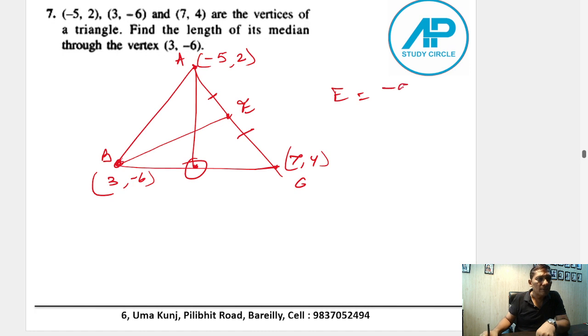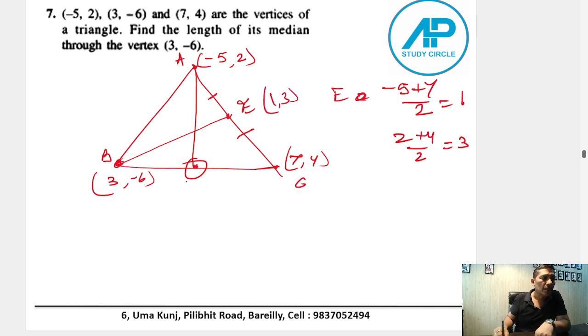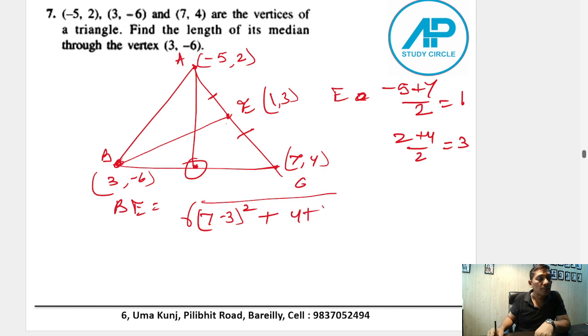That will be minus 5 plus 7 upon 2 and 2 plus 4 upon 2. That gives you 1 and 3. Coordinates of E is 1, 3. Now we have the value of point B and value of point E. We got to find the length of median BE. 7 minus 3 whole square plus 4 plus 6 whole square.